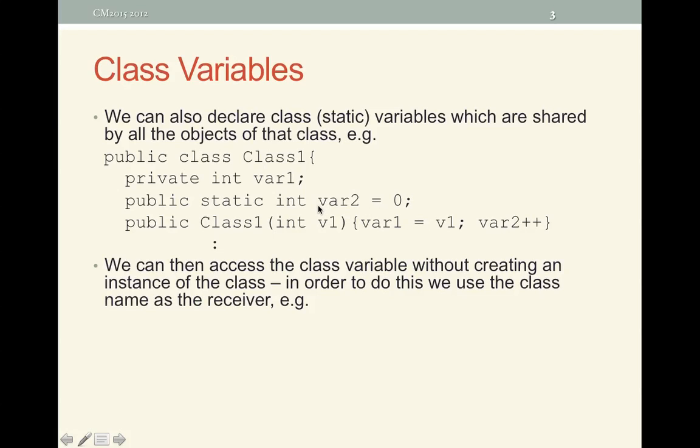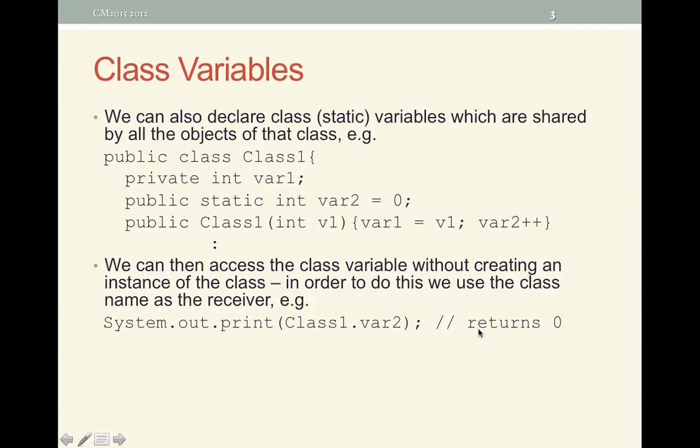If we wanted to access that class variable, I could do that without having to create an instance. That's why they're not called instance variables, they're called class variables. And we use the name of the class as a receiver. So for example, System.out.println(Class1.var2). Here we know it's the name of a class because it begins with an uppercase letter, and if we ran that, it would return 0.